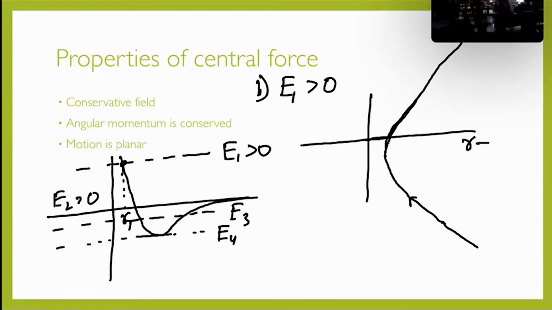I'm drawing an orbit. It comes from infinity, and this is the closest approach, equal to R1. Then it turns around. This is a turning point. It turns and then goes back. This is the trajectory it follows. As you can see, this is an unbound orbit.